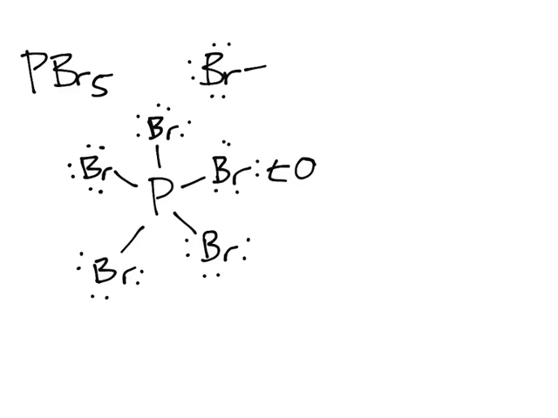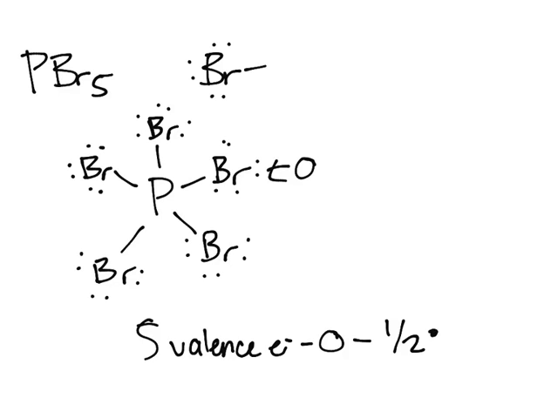Now, let's do phosphorus. So phosphorus has 5 valence electrons minus 0 lone pair electrons, and then minus 1/2 of how many electrons? So it has 5 bonds, which is 10 electrons, and that gives you a formal charge of 0.